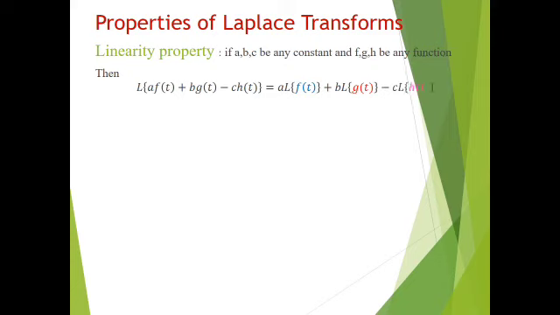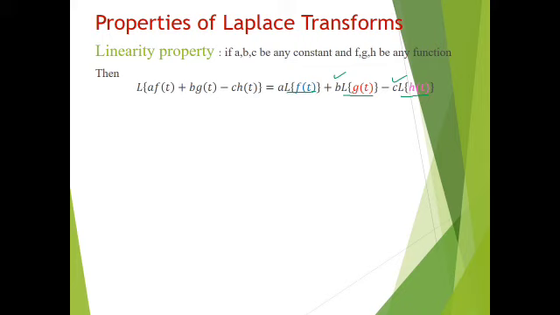Means we separate the constant term and find the Laplace transform of the first function. We separate the constant term and again find the second function. We separate the constant term and again find the third function.